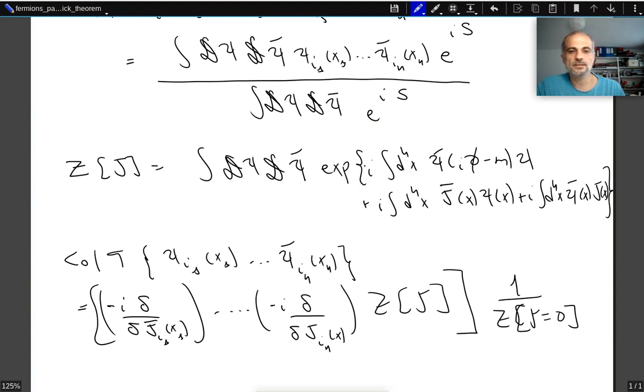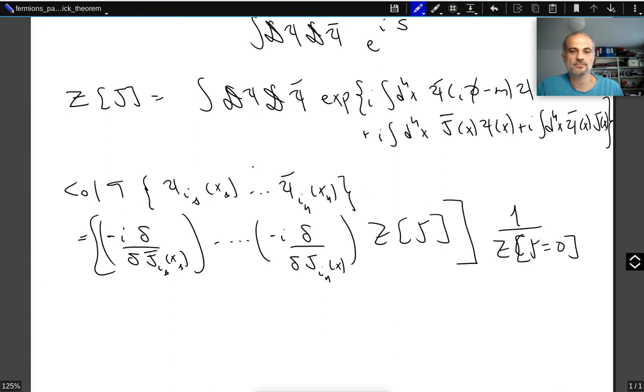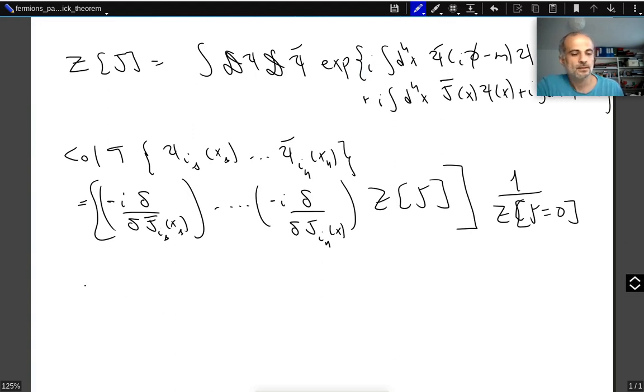So let's look at Z of J. How can we simplify Z of J? Now, again, just borrow from before. Let me rewrite Z of J. This is the fermionic path integral.